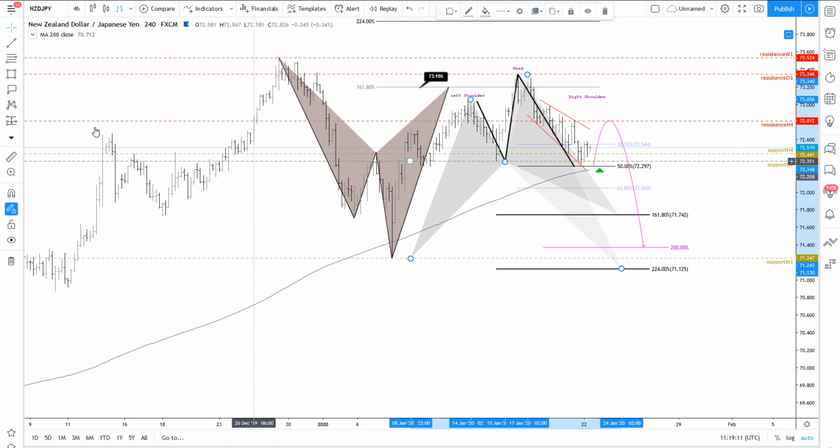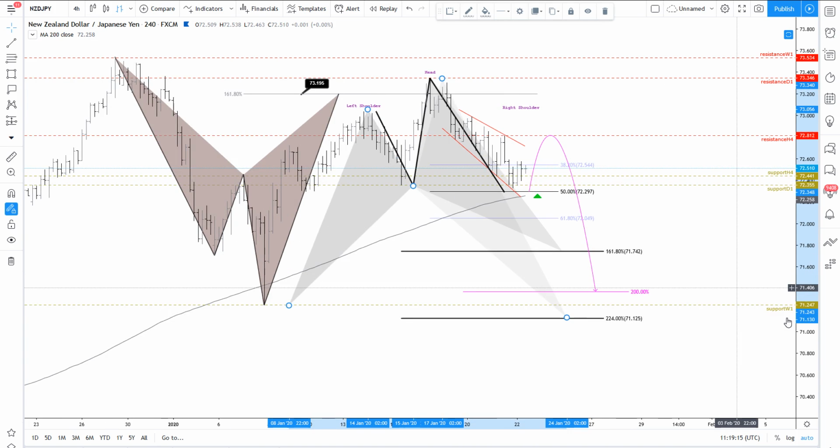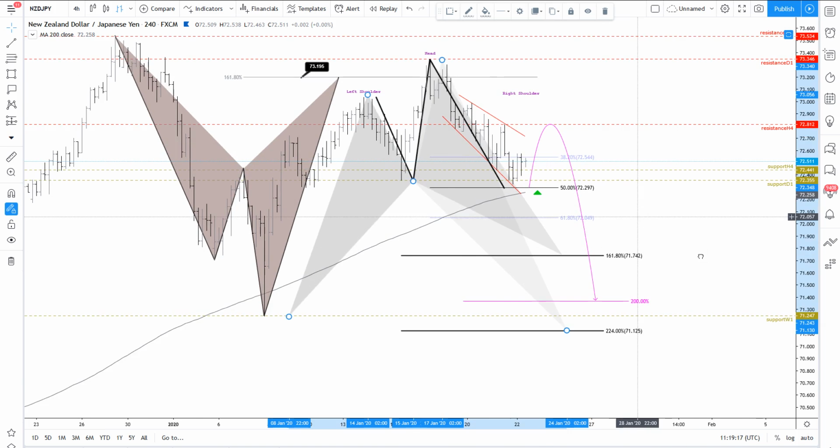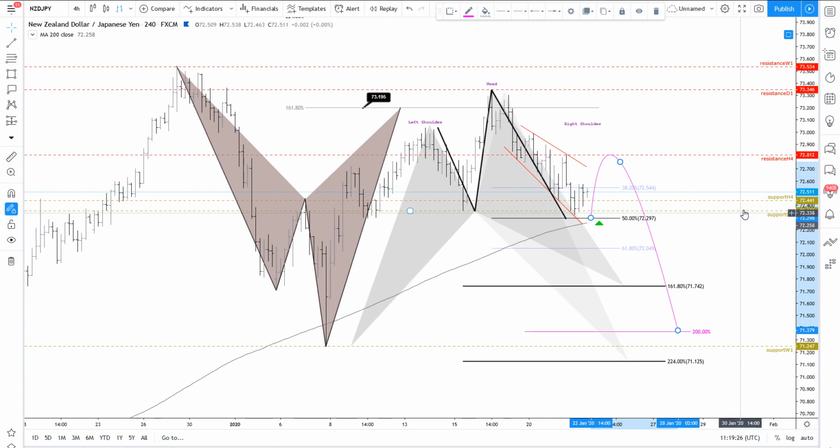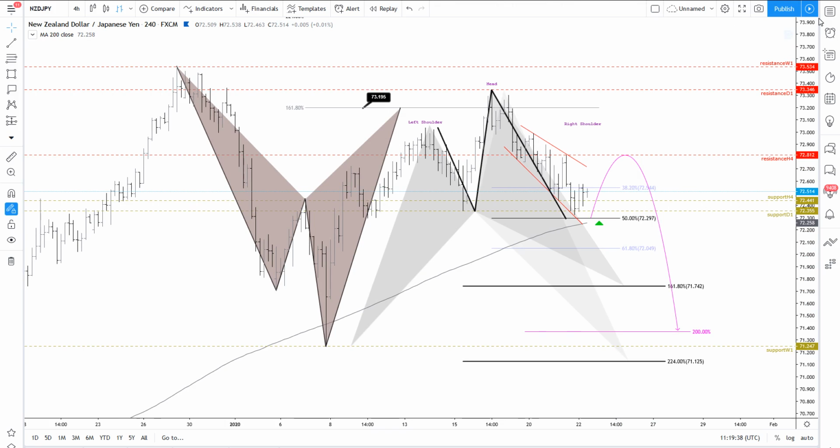So those are the levels that I will pay attention to for New Zealand versus the yen. But at least for now, I will wait for the eventual formation of this right shoulder, and later a breakout of this fractal support may trigger more bearish momentum accordingly, supported by that pattern expectation. So let's wait and see.